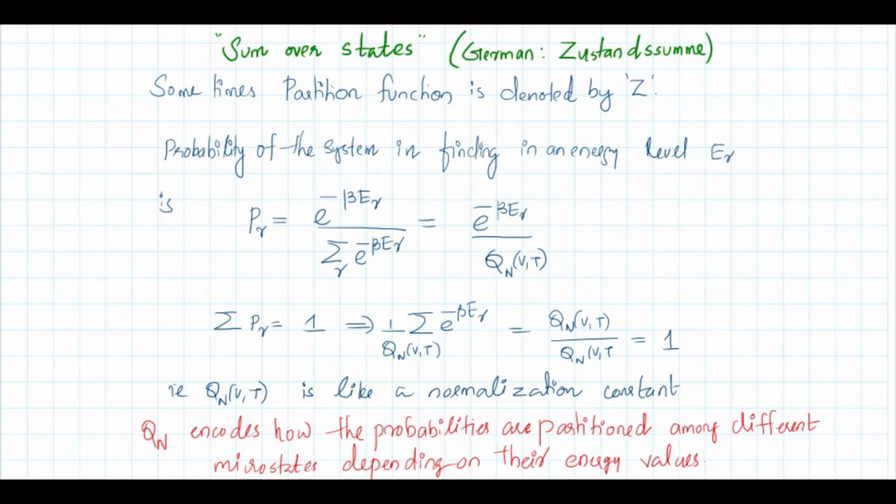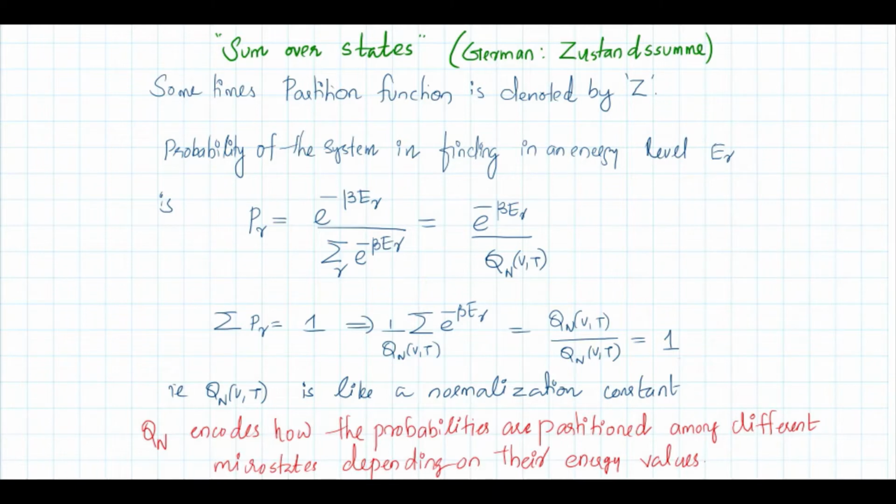If you take the sum of this quantity, sigma e raised to minus beta Er divided by Q_N(V,T), the numerator is again Q_N, so Q_N(V,T) divided by Q_N(V,T) gives you 1. So we can say that this Q_N is a normalization constant, which makes the total probability 1.